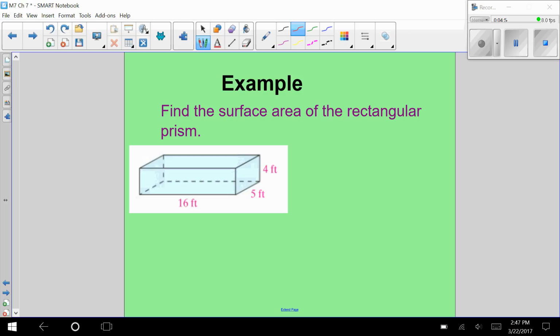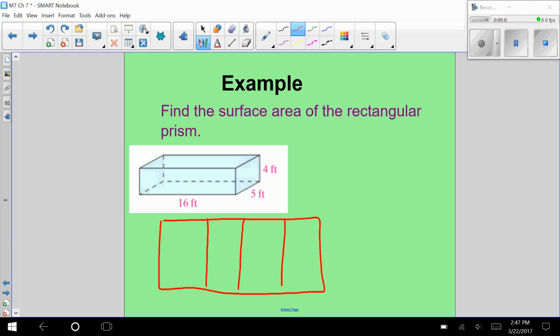So while you work, I'm going to redraw my net. All right, there's the net we should have drawn before.